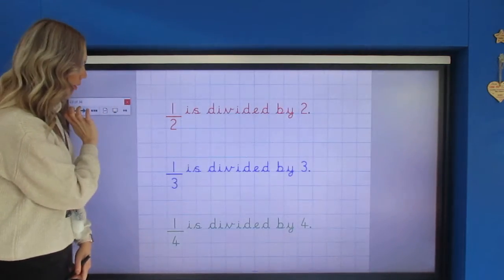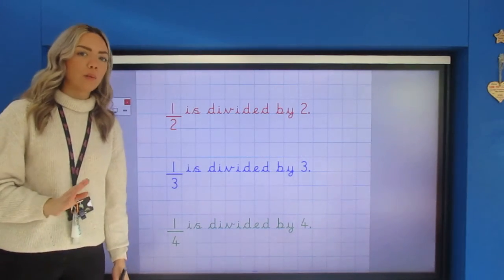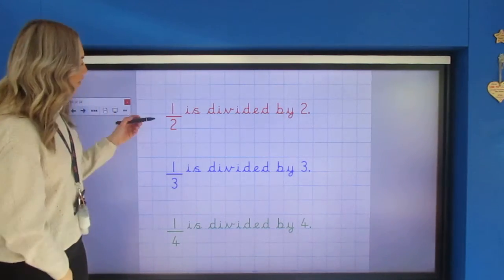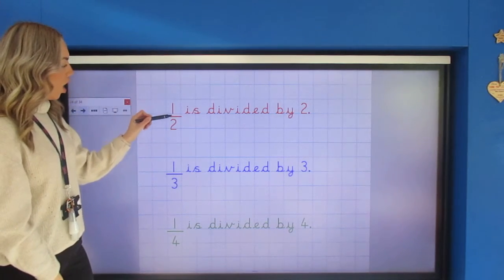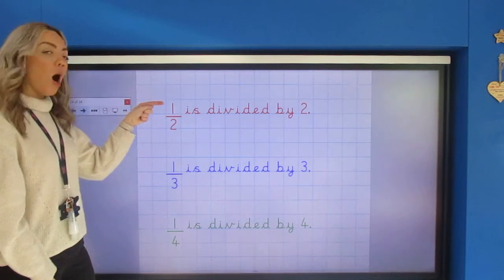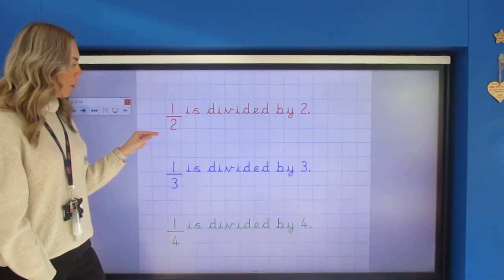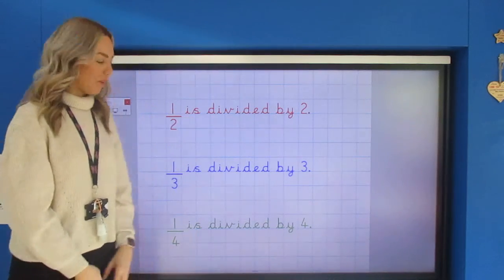So, I've given us some little tips to help us today when we come to our learning. And the first one we've just looked at. So when we see the fraction half, which remember means 1 part out of 2, that means we divide by 2. Okay?